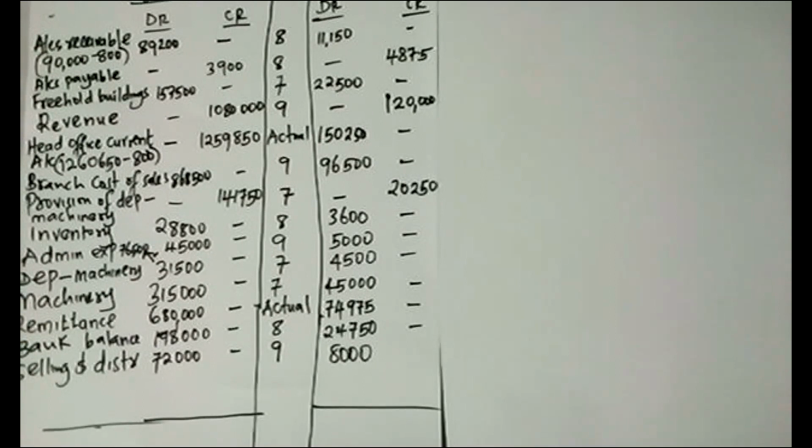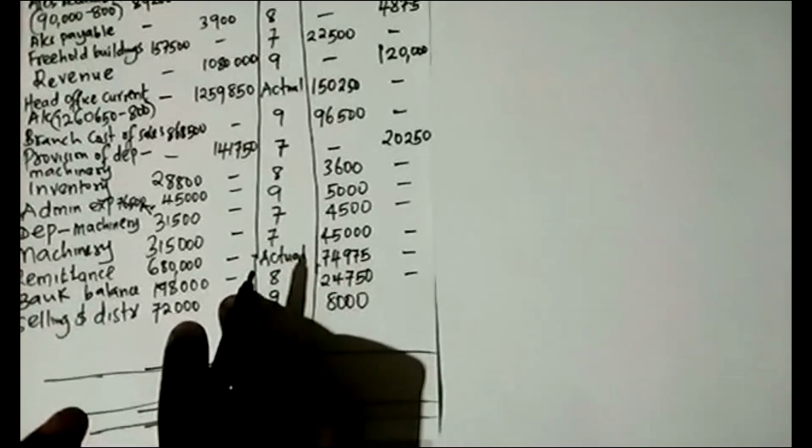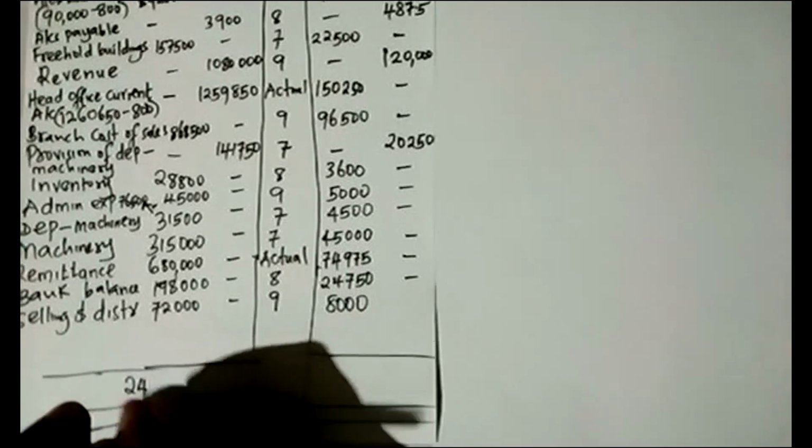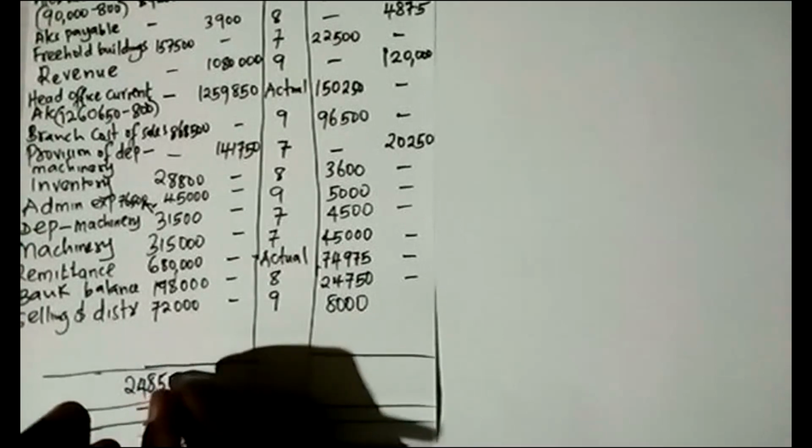If I add my debit side column, I confirm it's fine. I'm getting 2,485,500.